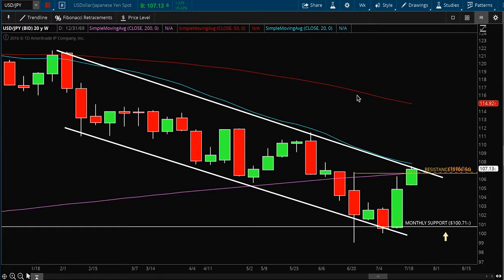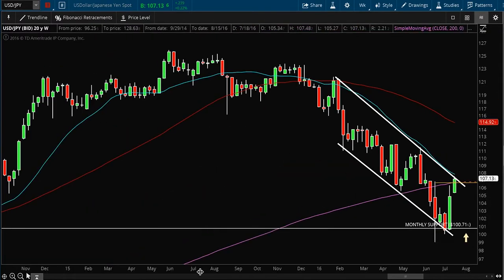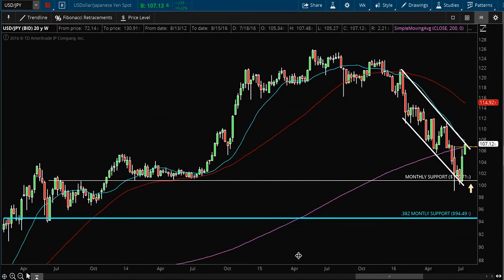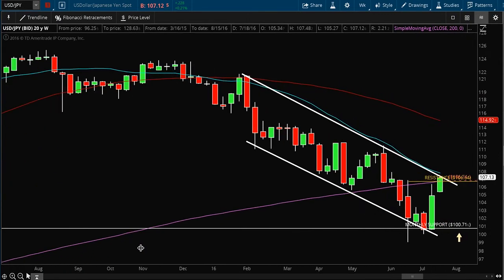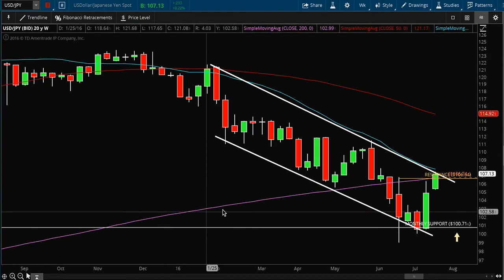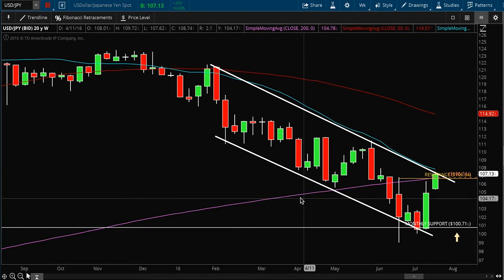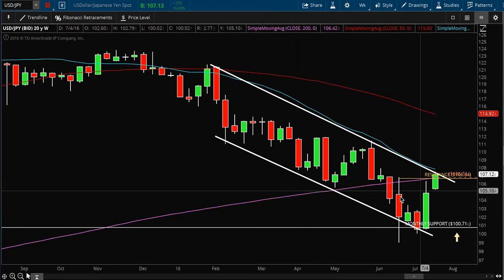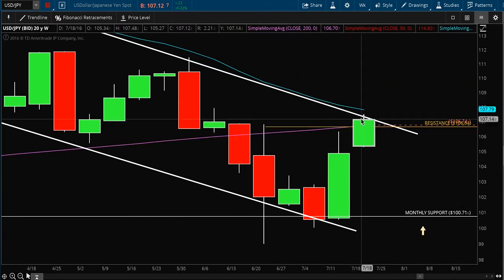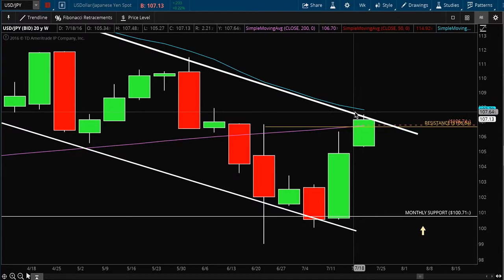Now looking at the weekly time frame. On the weekly, you'll see that price went higher than the 200-day here, but you can see right above that we've got the 50-day moving average.